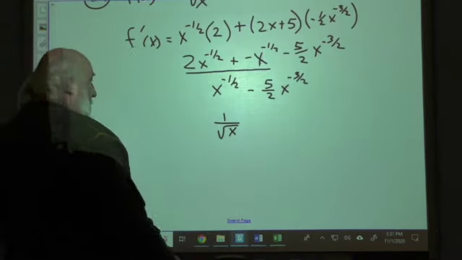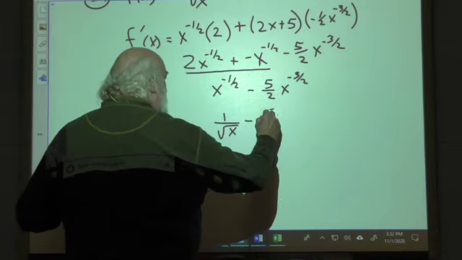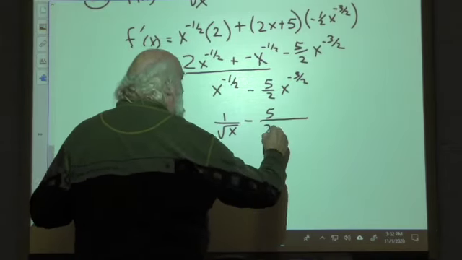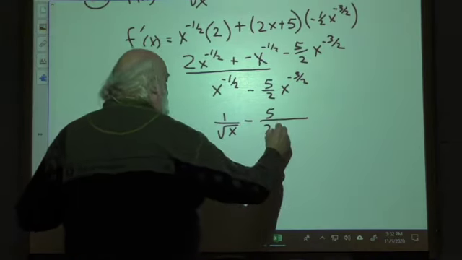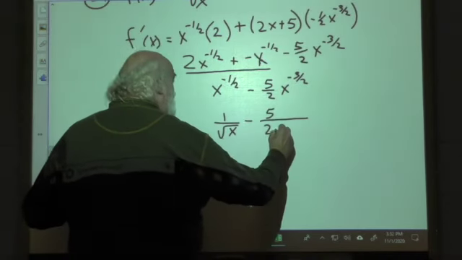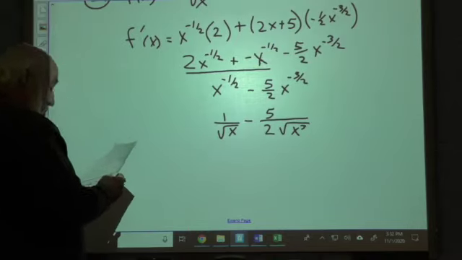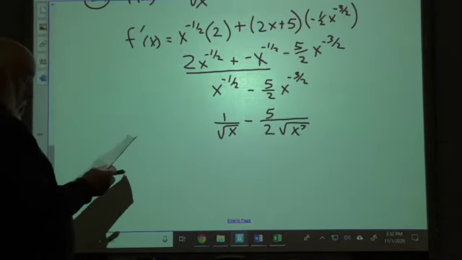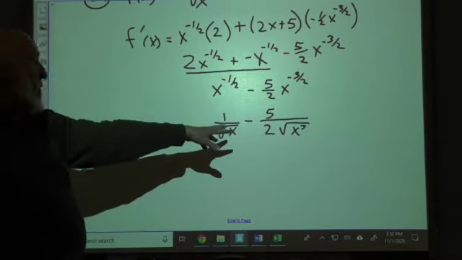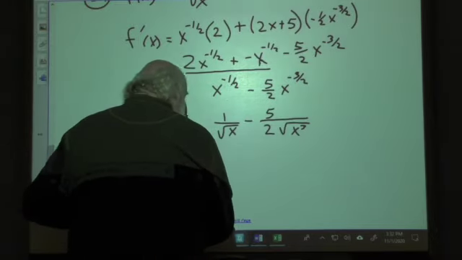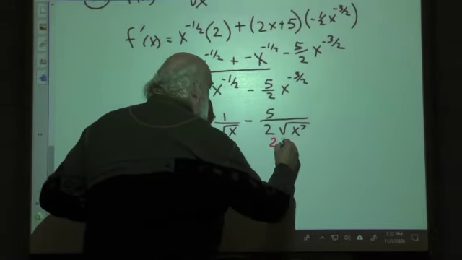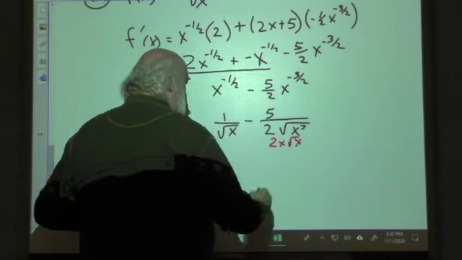And this is going to be equal to 5 over 2 times square root of x cubed. Well, it turns out we can resolve that because this is the same thing as saying 2x times the square root of x.